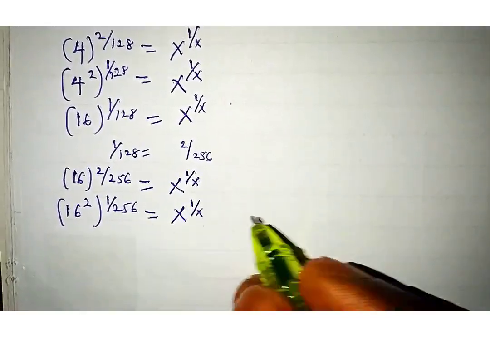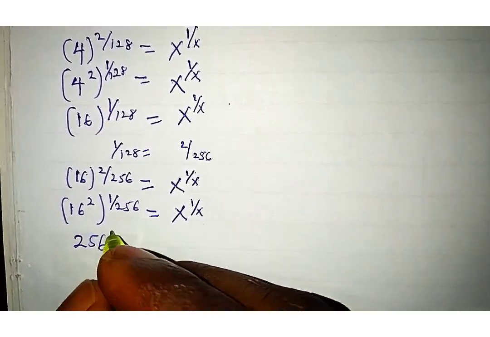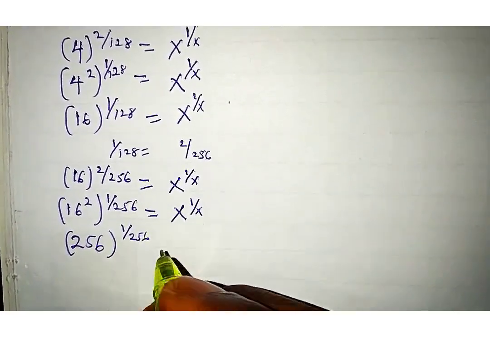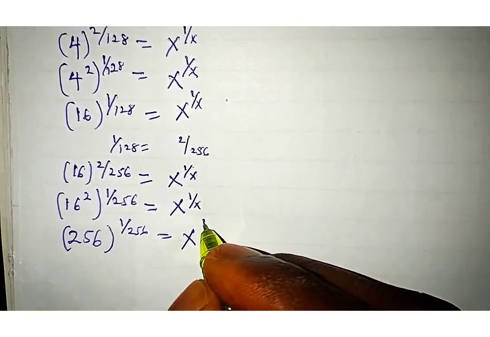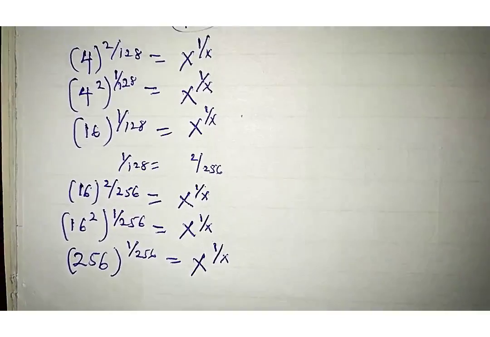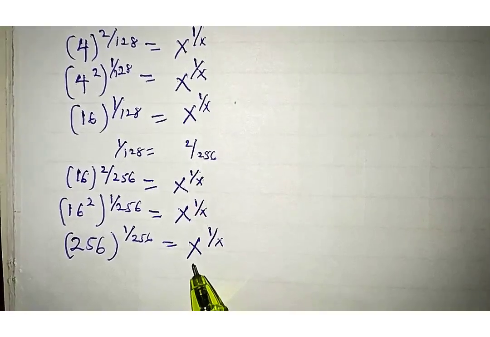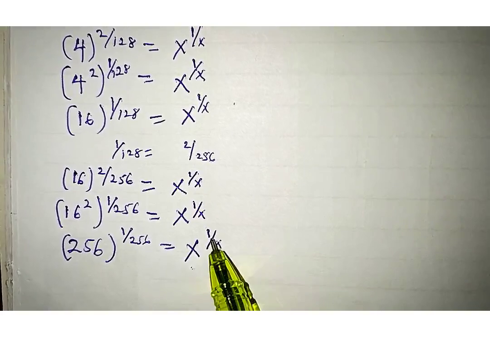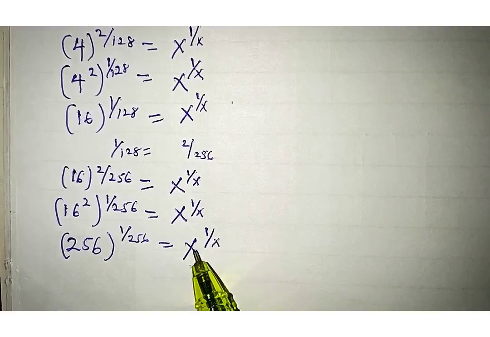But if you square 16, what are you going to have? Of course, we'll have 256 to the power of 1 all over 256. This is equal to x to the power of 1 all over x. Very good. Now, what did you observe? We have an x here as a base, and we have an x here as the denominator of the fractional power of x.